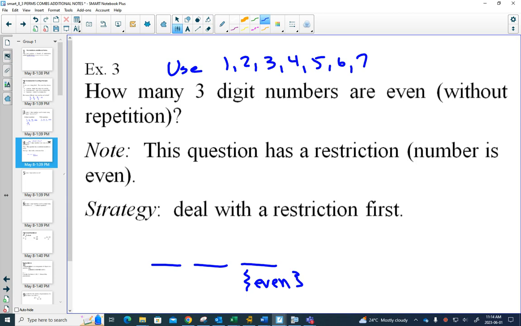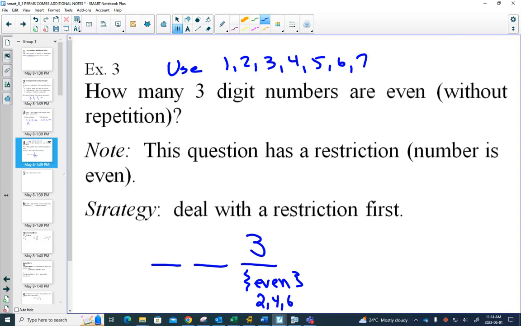The strategy is that won't be our last decision. That will now be our first decision. We will decide what number goes there first. If you want a 3-digit number to be even, does it make sense that it has to end with the 2, the 4, or the 6? There are only 3 choices that could go there.